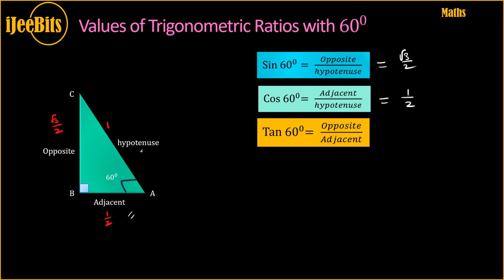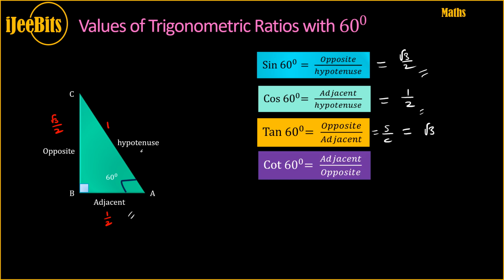Tan means sine by cos, right? Sine is root 3 by 2 and cos is 1 by 2. If we divide them, what we get is root 3. Cot means 1 by tan, so the reciprocal of root 3 is 1 by root 3.